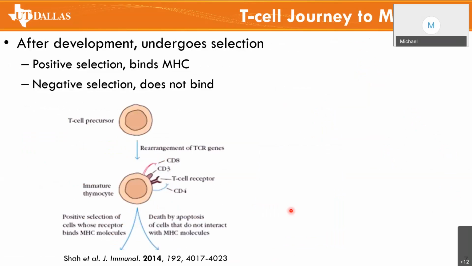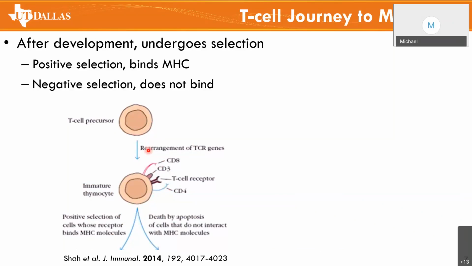The thymus is another primary lymphoid organ, and with those chemokines that it sends out, it causes the T cell precursors to start expressing CD8, CD3, and CD4. It also causes the T cell precursor to start generating what's called RAS1 and RAS2.